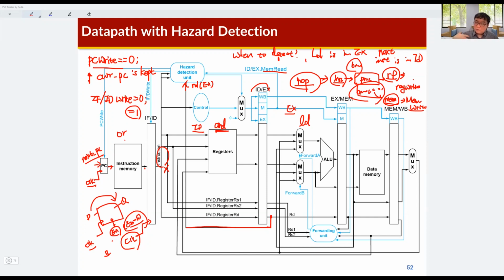So in order to generate the NOP instruction, we can just make all control signals zeros. Do you understand? So when the load data hazard is detected, we need to make a bubble in the EX stage. In order to generate this NOP to the EX stage, we can just make all the control signals zeros, and that's it.